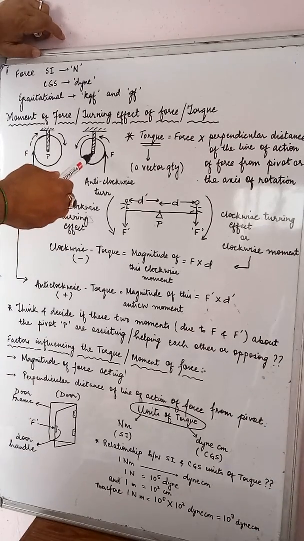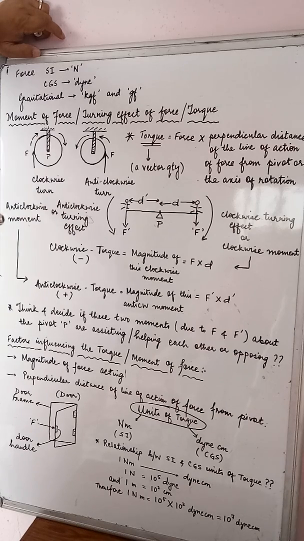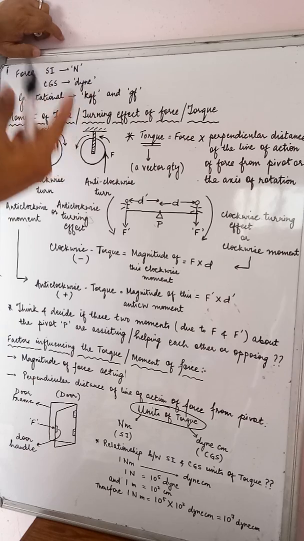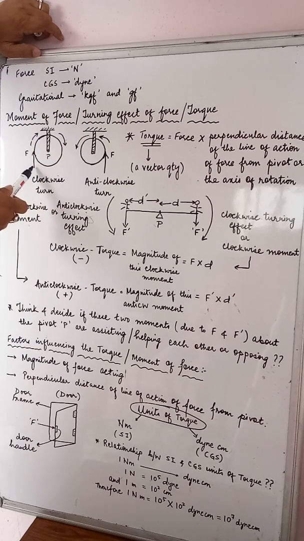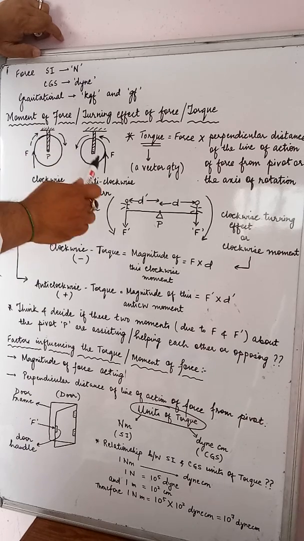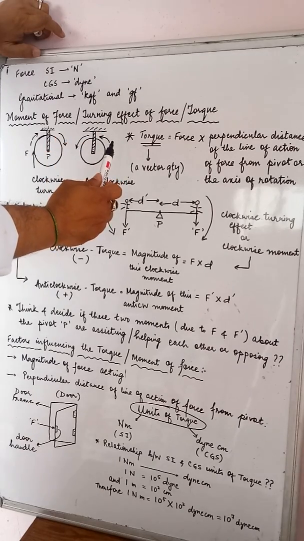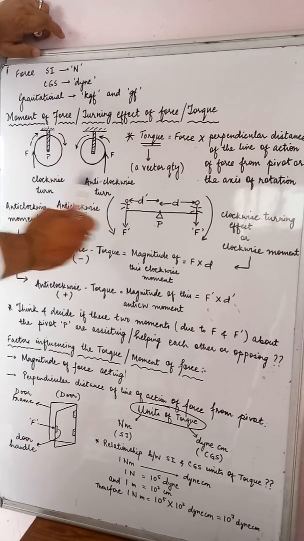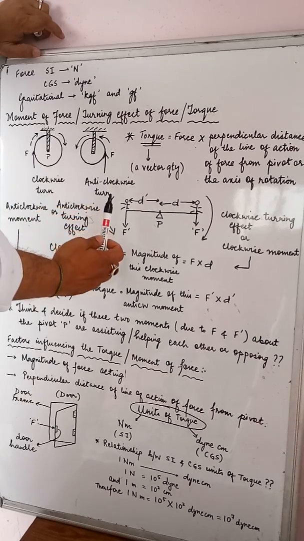Now, coming to another diagram over here, the difference between this and this diagram is very minute. That is, instead of applying the force on the left hand corner of the pulley, this time I have applied the force on the right hand side of the pulley, and the forces in both cases are being applied upwards.